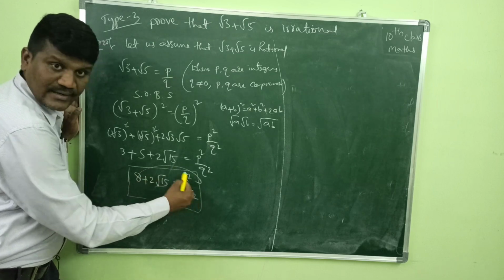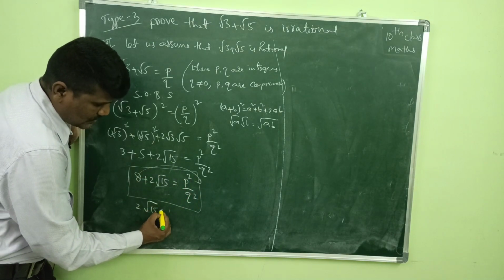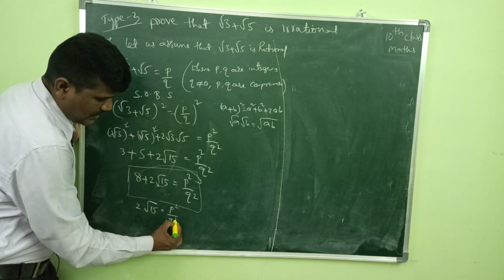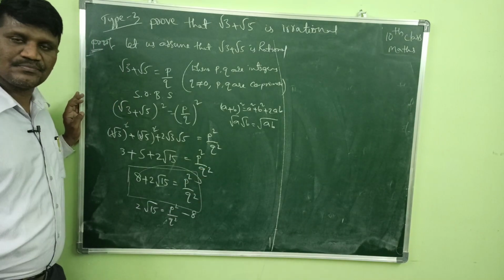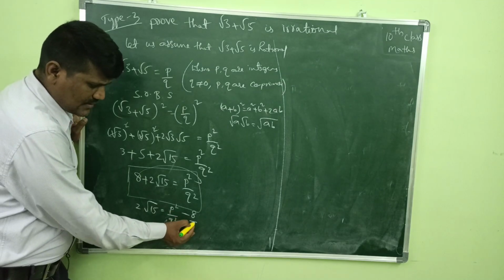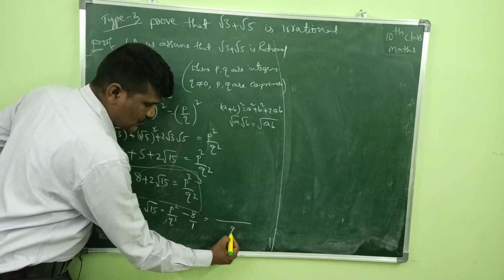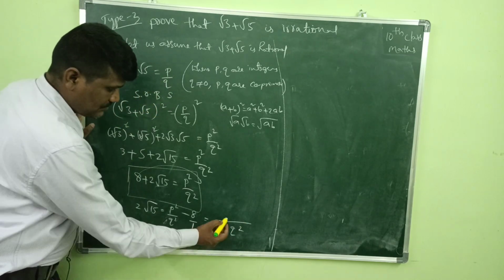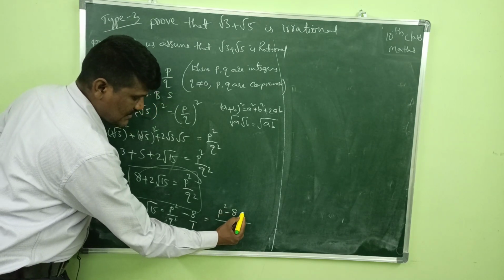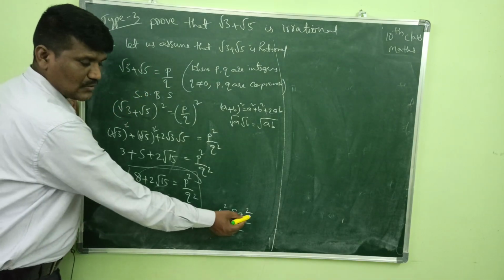Send 8 to the right hand side. That becomes 2 root 15 is equal to p square by q square minus 8. Same as before, divide with 1, then q square will be your LCM: p square minus 8q square. 2 root 15 is equal to this.